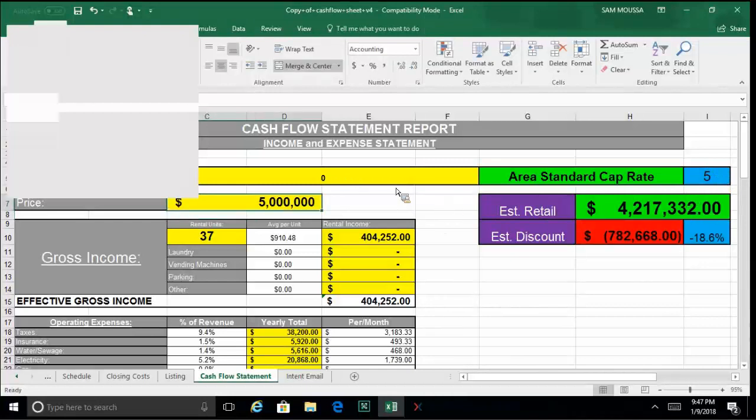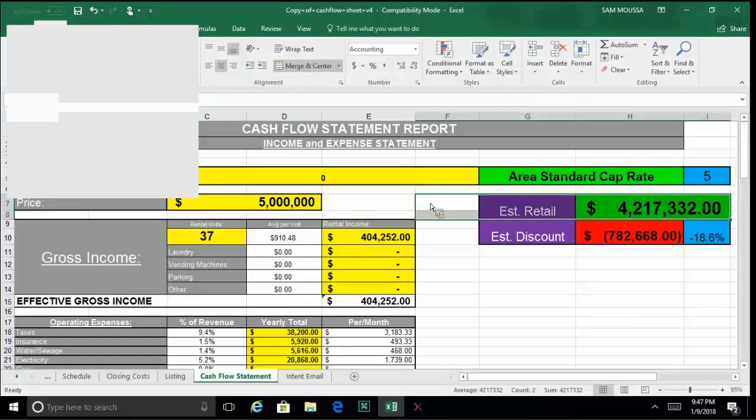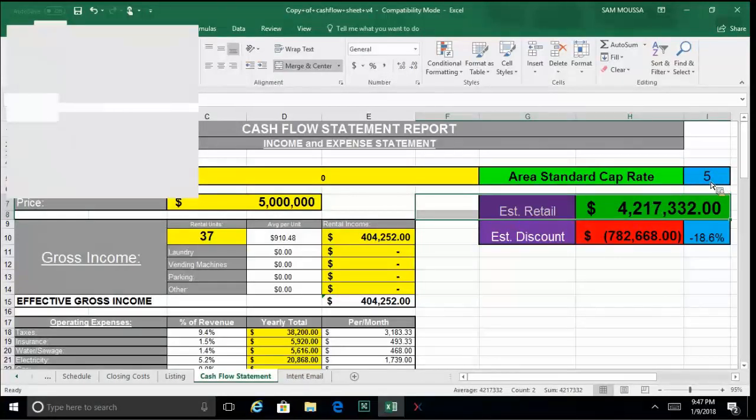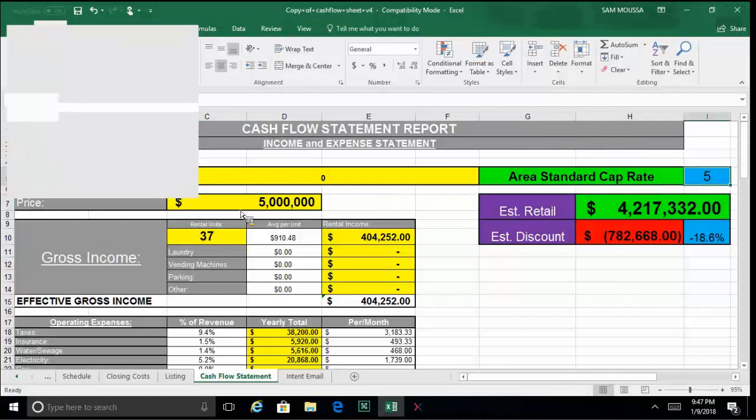Can anybody tell me why this would be the case? How could they be saying 5 million if the standard cap rate in the area is 5? What could drive the price above this estimated retail? Because this estimated retail is based on income, which should be the one and only for us. But at times you'll see the price higher than the estimated retail that we've calculated.